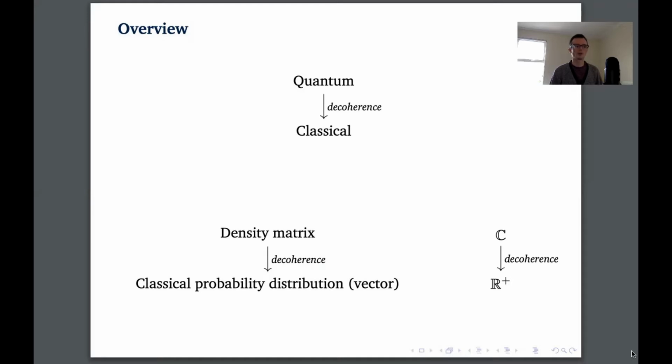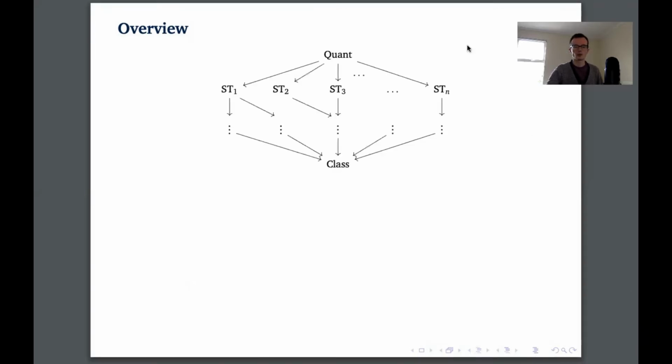So we asked ourselves the question, can we try and generalize this? Could we perhaps construct some quantum-like theory, some classical theory, and do this in such a way that we have this tower of intermediate theories, S_T? And in particular, we want this tower to have decoherence maps that allow us to move through the tower.